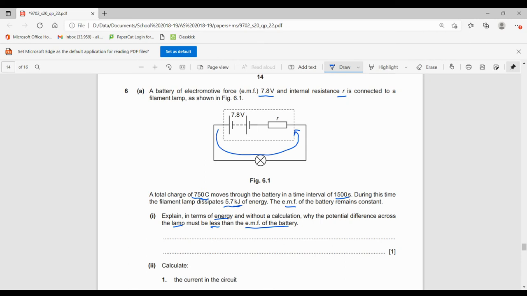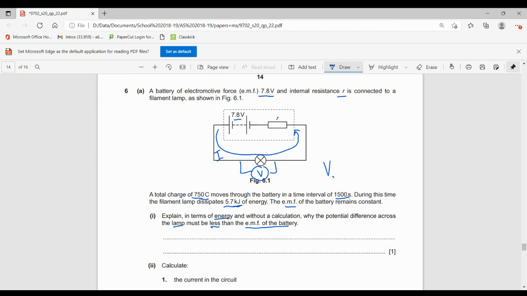And whenever current has to pass through any resistance, we know that it needs some energy to help the charges pass through the resistance. So in terms of energy, whenever we have such a supply across any other external resistance or external component, we know that the potential difference available across this external component will not be equal to the EMF, the rated EMF of the power supply.